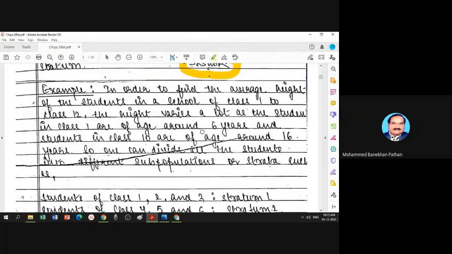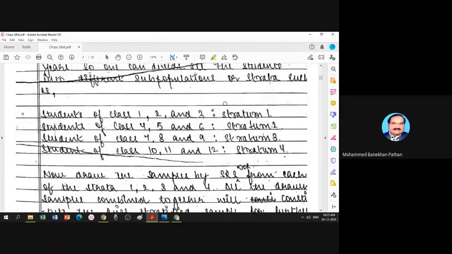And that is why this division of the population into strata is known as stratification. So stratification gives a better estimate as compared to the simple random sampling, which is applied to the original population.